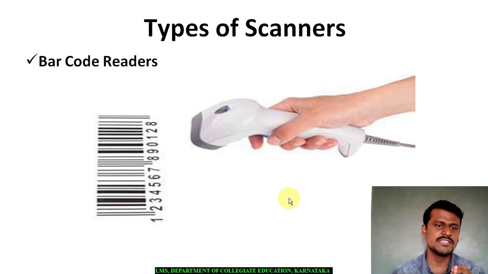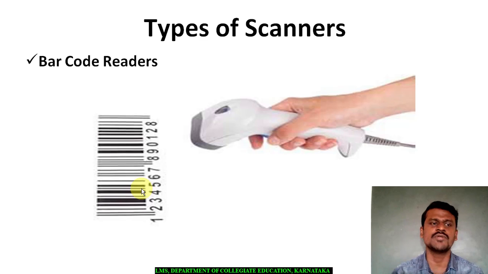For example, this barcode may contain all the information required to know about that particular product. That is, if you just read this particular barcode, you will get to know what type of product it is, how it is used, what its price and ranges are, and the address of that product which we have taken.